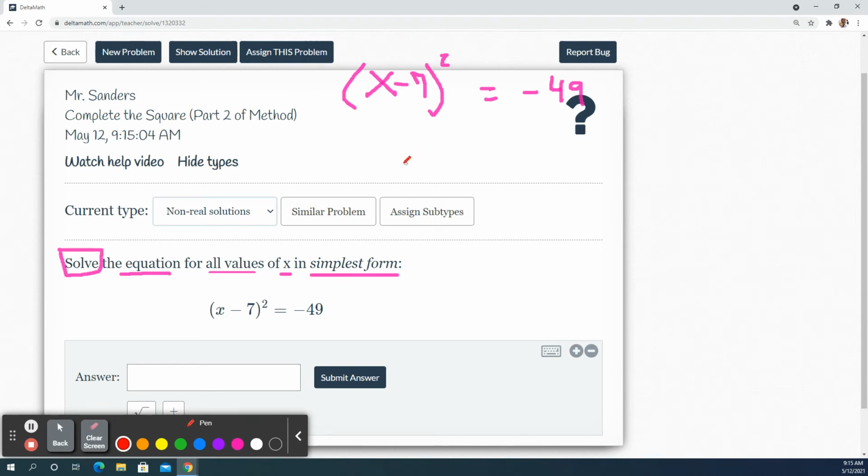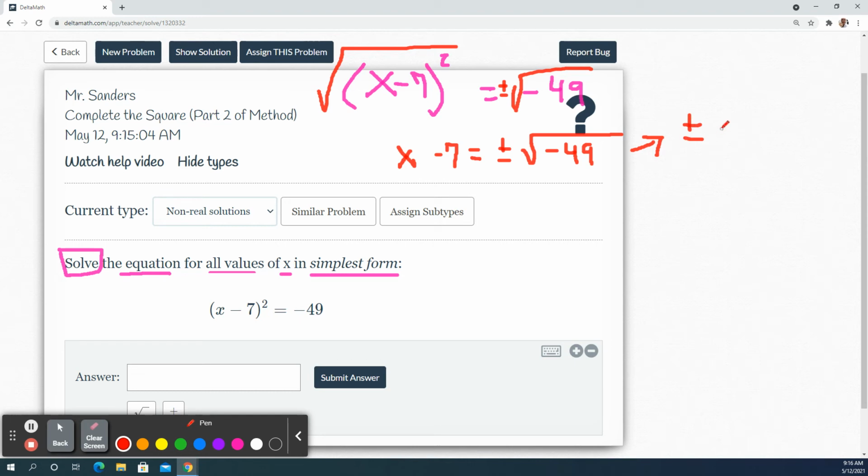The first step is to get x by itself. We do the square root. Always remind yourself of the plus and minus when you undo the square. We have x minus 7 equals plus or minus the square root of negative 49. The square root of a negative turns it into the imaginary answer, which would be 7i. But this is no real solution.